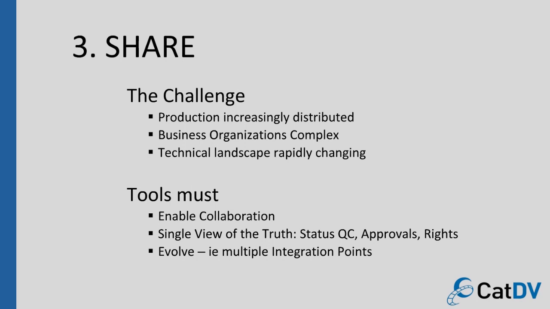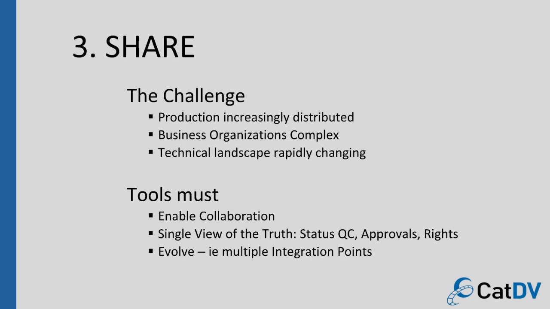And underpinning that, the technical landscape's changing. So, people are using different cameras, different edit tools, and so being able to seamlessly share the content that's being created and managed is pretty vital in any solution that's going to safeguard assets for the long term.